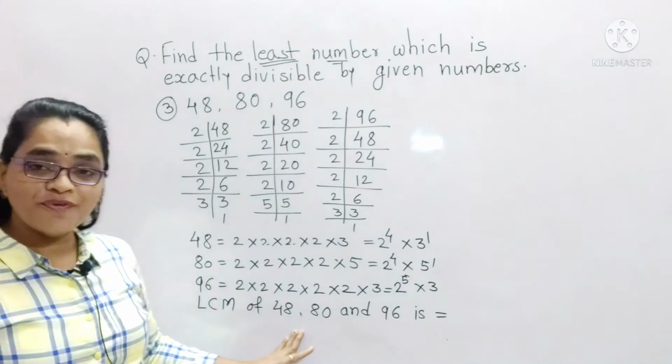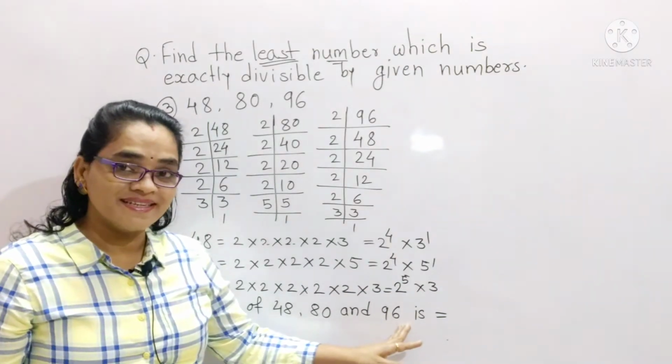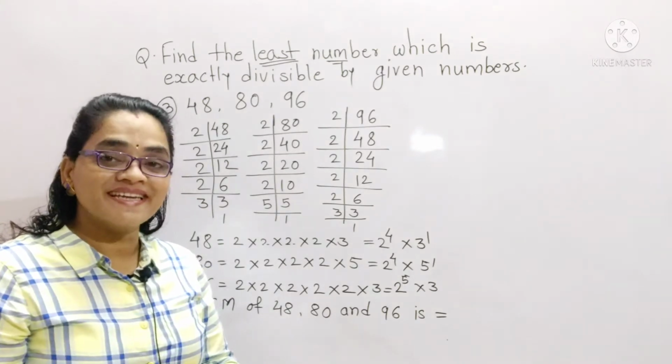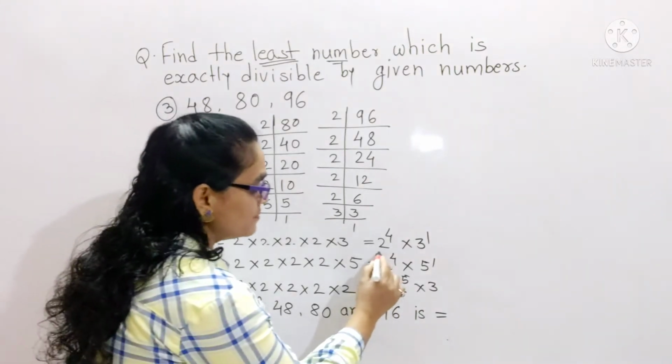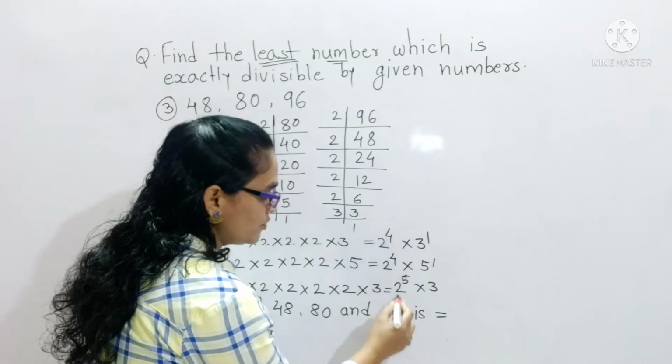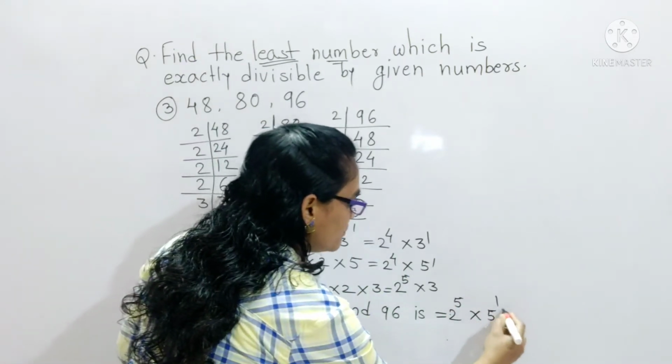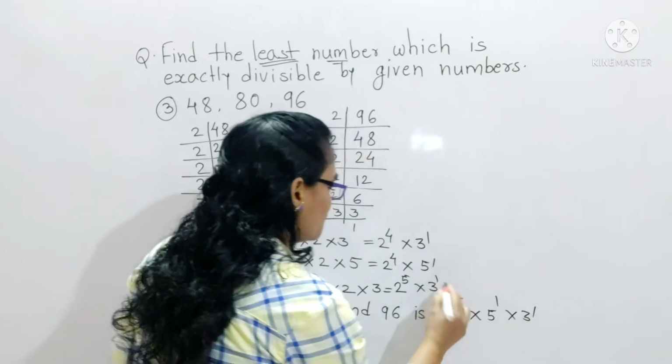And then LCM of 48, 80 and 96 is what? Take the prime factor which has greater exponent, that is 2 raised to 5 into 5 raised to 1 into 3 raised to 1.